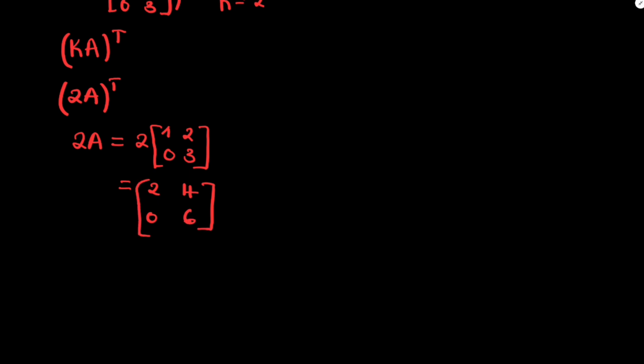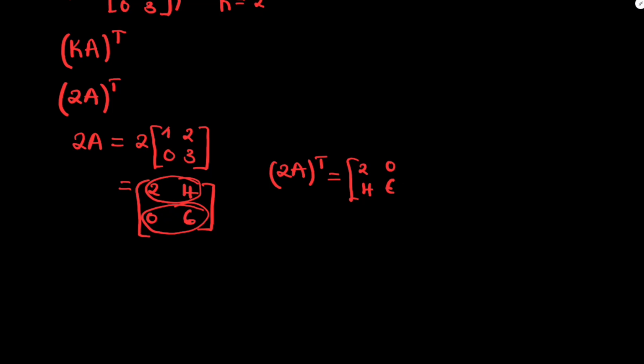Okay, so now let's take the transpose of that matrix. Let's take 2A, all that transpose. So the row becomes the column. The first row becomes the first column, 2, 4. And the second row becomes the second column, 0, 6.